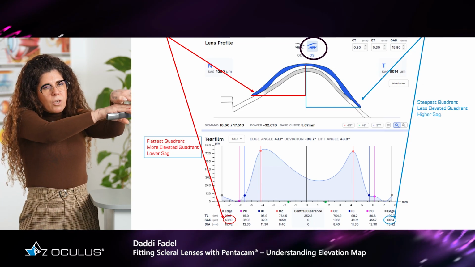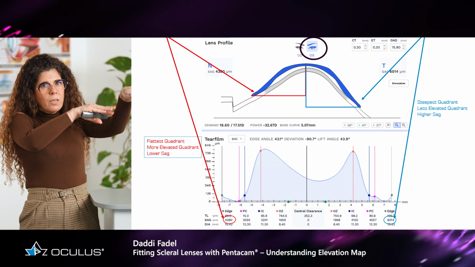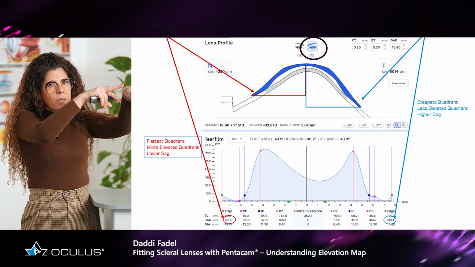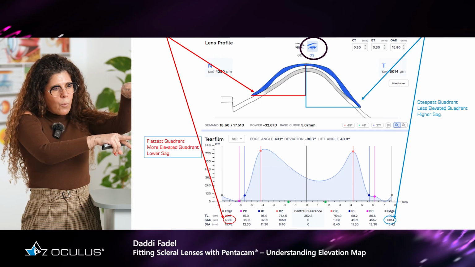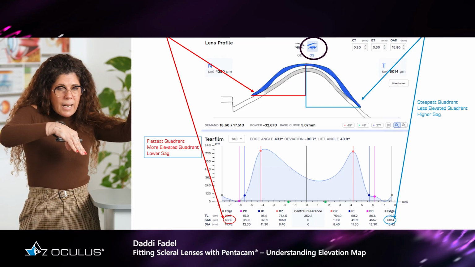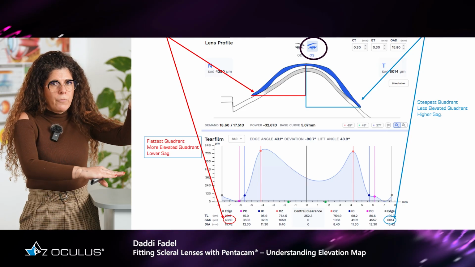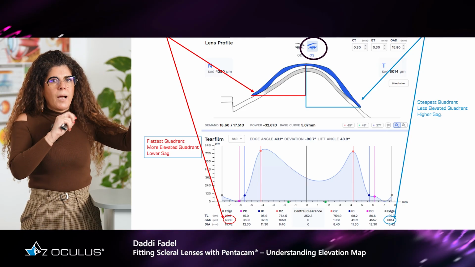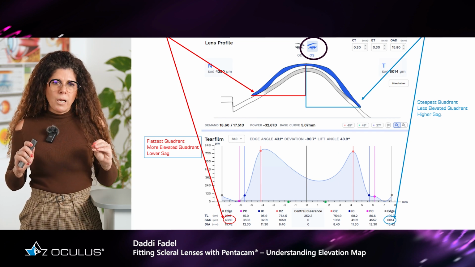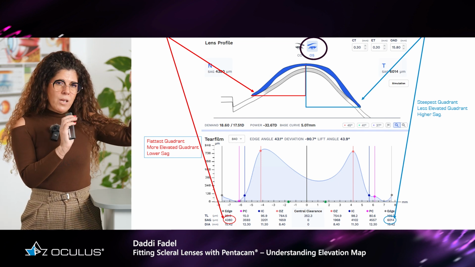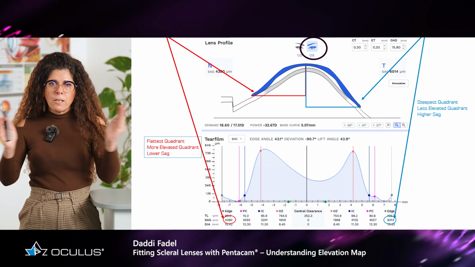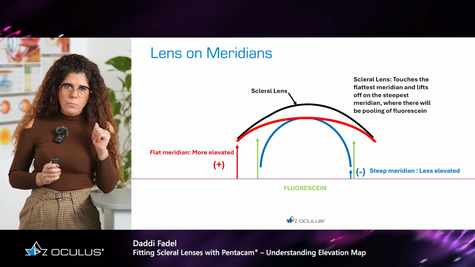But if you measure the sagittal height of that quadrant, you see how this area has a lower sagittal height compared to the one in the temporal quadrant, which is less elevated, but gives you higher sagittal height. So this case illustrates everything we are talking about, the difference between elevation and ocular sagittal height or scleral sagittal height.